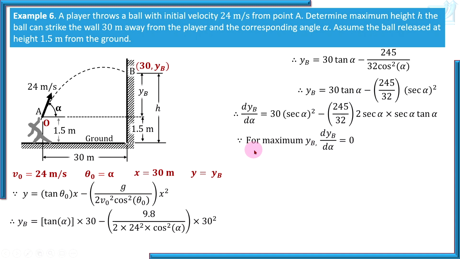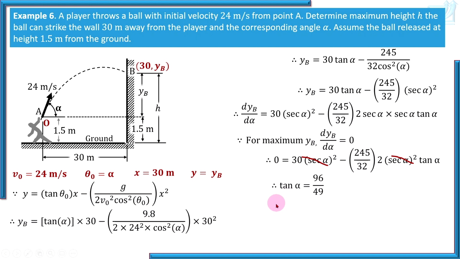This is how we are using the condition of maxima-minima. Now for YB maximum, put dYB by d alpha equal to 0. Sec squared alpha will get cancelled. Divide this expression by sec squared alpha, and you will get tan alpha, and therefore alpha.